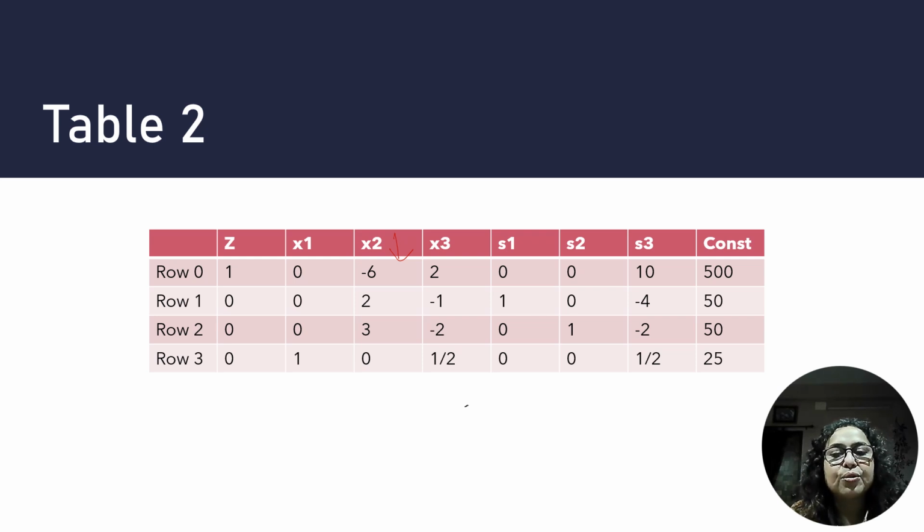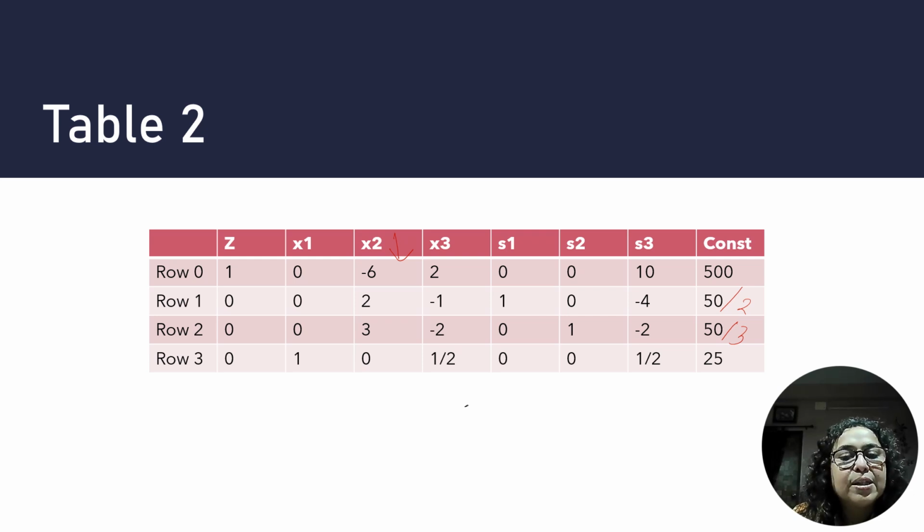To decide on the outgoing variable, we again find the displacement quotient. But since this is 0, it means that in this constraint the x2 variable is not there, so this is not relevant. We need not find the displacement quotient here. We divide 50 by 3 and we divide this 50 by 2, and of course we can see that this is smaller.